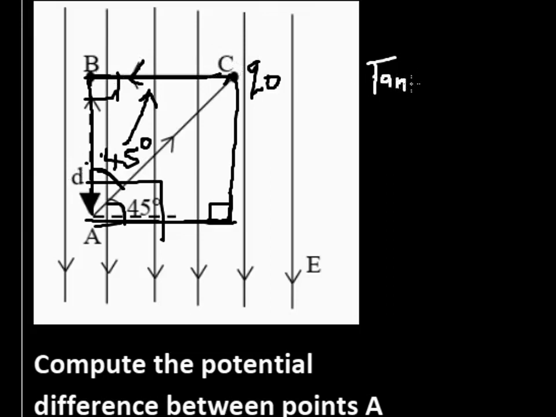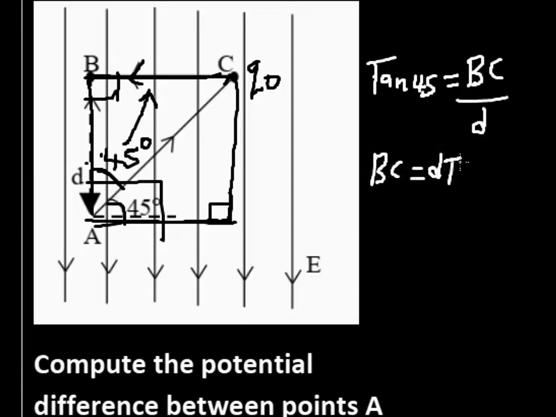So I'm going to have tan 45 equal to BC, the distance I'm looking for, divided by D, the adjacent. So the distance BC is going to be equal to D tan 45, if I cross multiply. I am done with my BC.